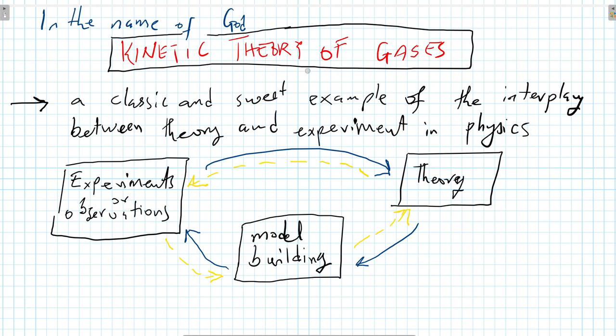Within this subject there are experimental or observational aspects, there are theoretical aspects, and one can also say there is a model building path of the theory. So I'm going to start with the experimental aspect.